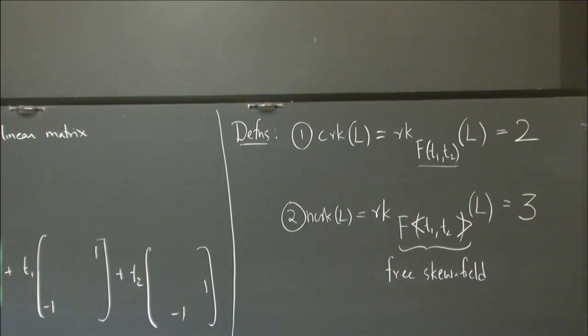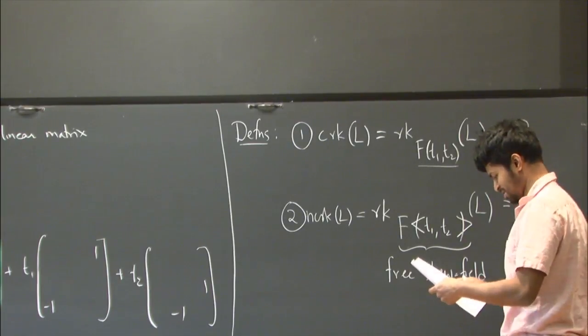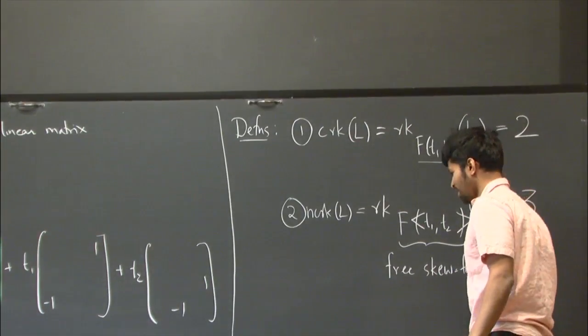Image dimension, whatever. There are a bunch of ways. But the right notion of rank in the non-commutative setting should be to go back all the way to row rank and column rank, the most naive way of asking how many linearly independent columns there are and how many linearly independent rows there are. There's a little bit of a caveat.